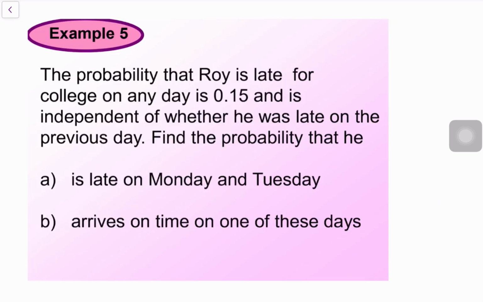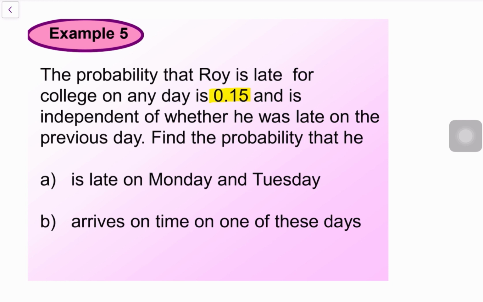For example 5, the probability that Roy is late for college on any day is 0.15 and is independent of whether he was late on the previous day. Find the probability that he, A, is late on Monday and Tuesday, B, arrives on time on one of these days. So according to this information, we know that the probability that Roy is late is 0.15.